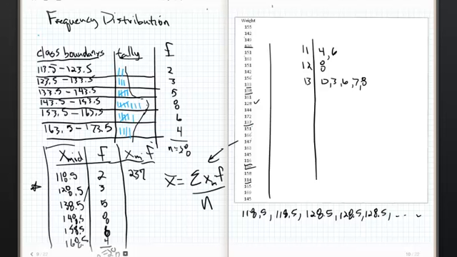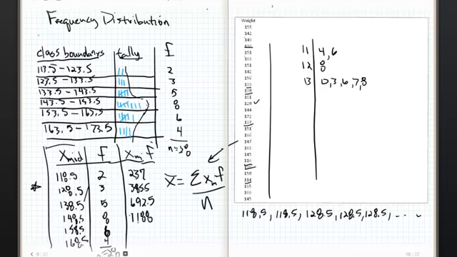So 3 times 128.5, enter, that's going to give me 385.5. 5 times 138.5 is 692.5. Check my mathematics. I have a tendency to do crazy things. 8 times 148.5 equals 1188.